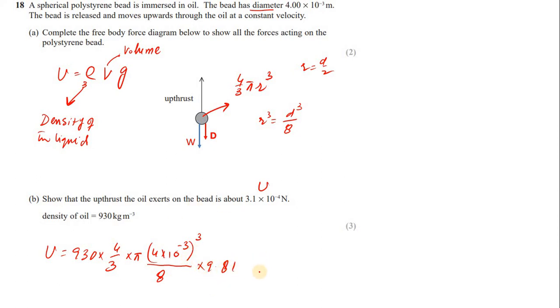So if you solve all these things, you have upthrust U equal to 3.057 into 10 to the power minus 4, and you can round it off and say it is 3.1 into 10 to the power minus 4 Newton, which is the same as the required one.